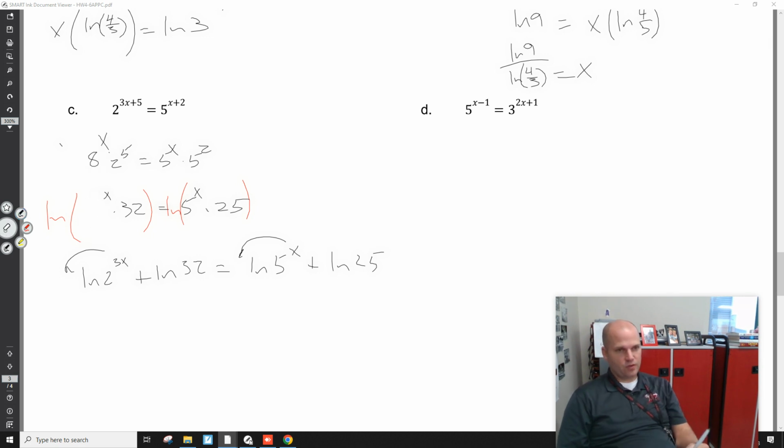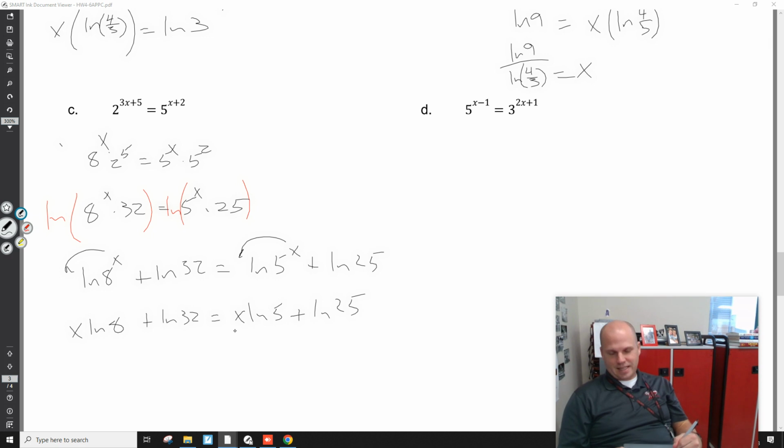Just simplify it. That way you don't have to mess around with too many numbers. I have x log 8 plus log 32 equals x log 5 plus log 25.